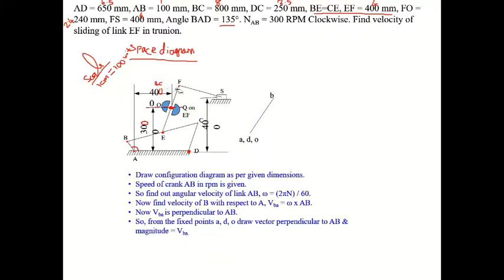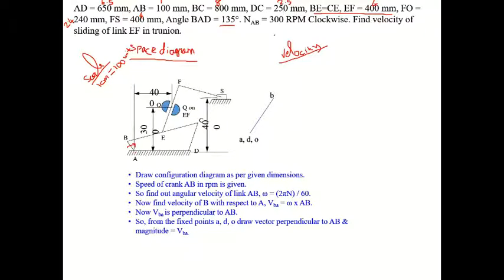Now we have to draw the velocity diagram. Before that, they have given the speed of AB. It is in the clockwise direction.